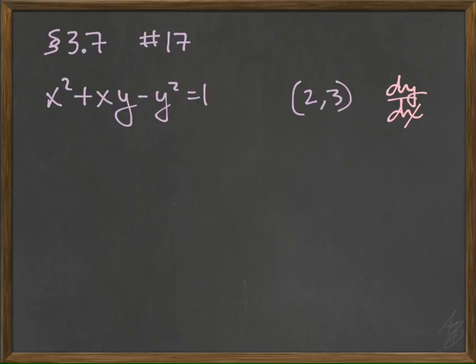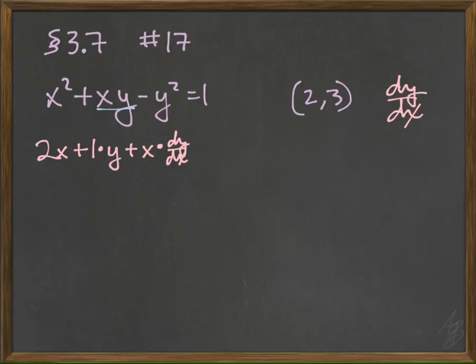So the first term, x squared, has derivative 2x. And when we differentiate x with respect to x, that's dx/dx, that drops out. Now we're going to have to use the product rule for the xy here. So we have x times y. The derivative of the first is 1 times the second, which is y, plus the first, x, times the derivative of the second, dy/dx.